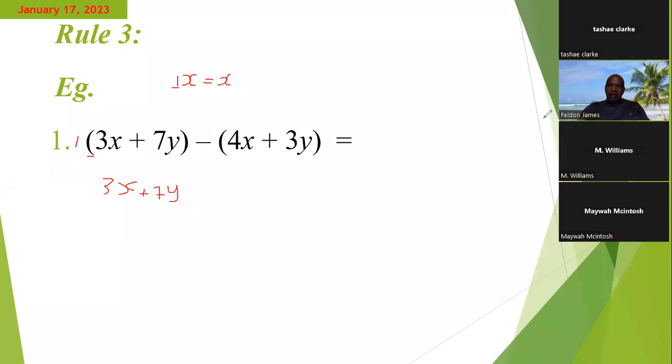Miss Clark, you have your hand up. What are you saying? All right, sir. Once you have a negative outside the bracket, then all the signs on the inside of the bracket are going to change. So basically -1 times 4x will give you a negative 4x, and then -1 times 3y gives you a negative 3y.